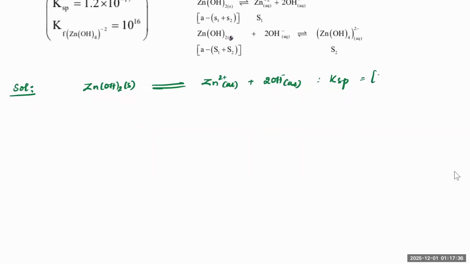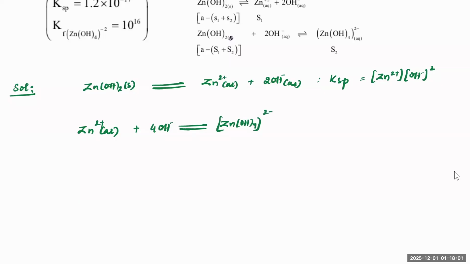And you know that Ksp will be equal to Zn2 plus concentration into OH minus concentration squared. And then you know that Zn2 plus aqueous plus 4 moles of OH minus gives Zn(OH)4 2 minus.